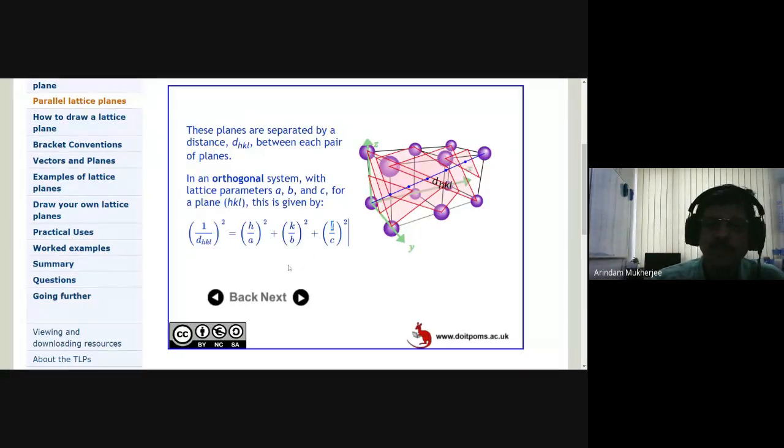So it is always that the reciprocal of distance square is equal to index by the respective axis length square. So you have 3 dimensions, so you will have 3 indices and 3 axes, all of their squares. That's how it goes.